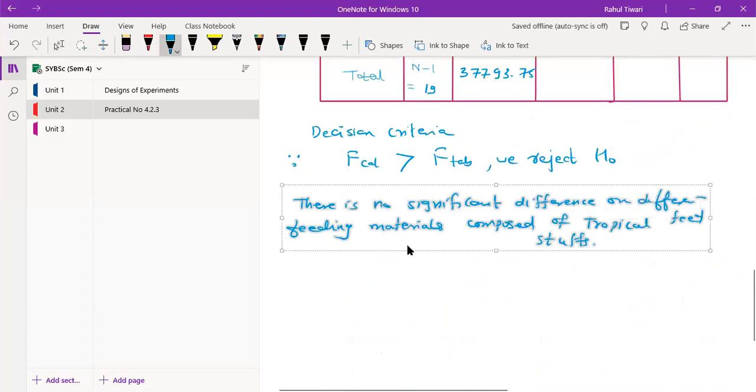So instead of saying no difference, you can just make it that there is a significant difference. That's it. So there is a significant difference because you are rejecting H naught.